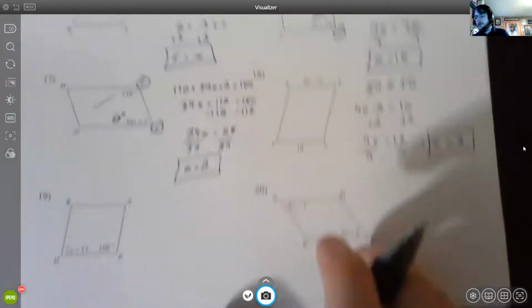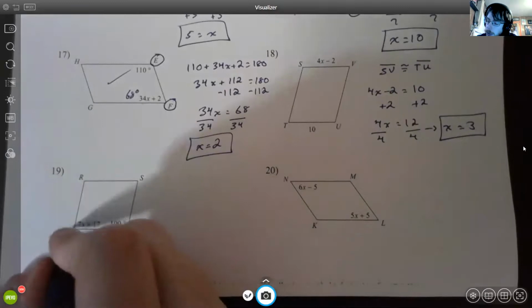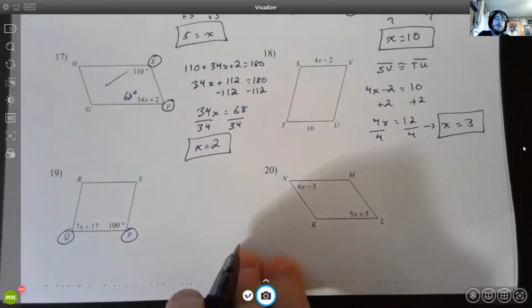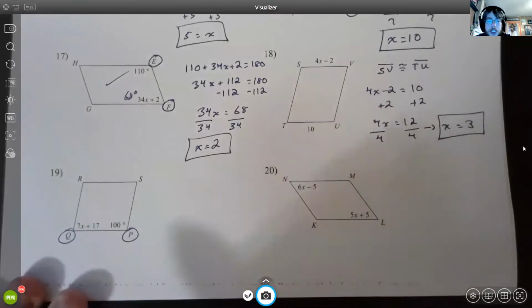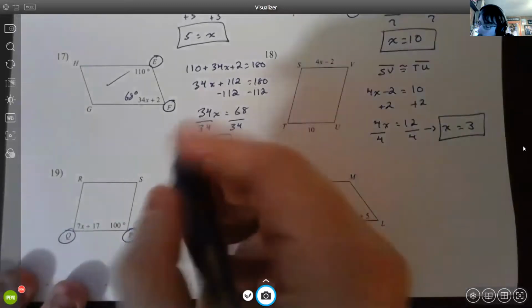Number 19. We're dealing with angles this time, angles Q and P. Are they opposite or are they consecutive? Well, they are connected by a line, which means they're consecutive, which means they're supplementary. So since they're supplementary, we need to add these two angles together.